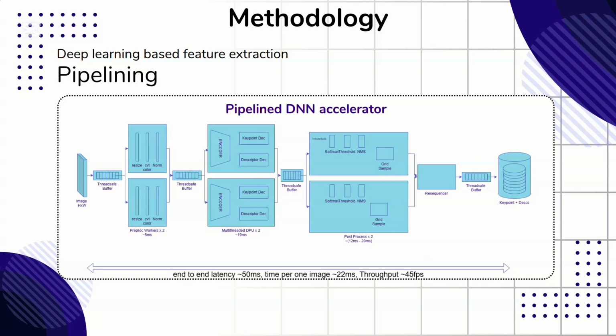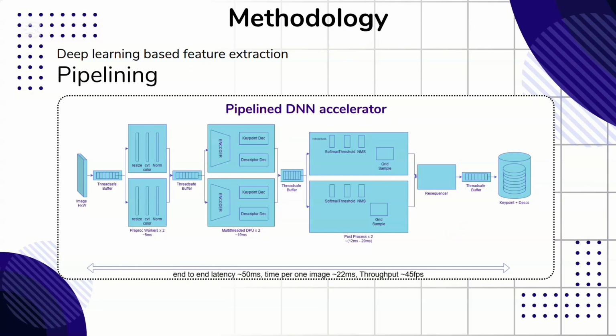In the third stage, post-processing happens in a parallelized manner. We use data parallelism to accelerate that feature extraction on the CPU.